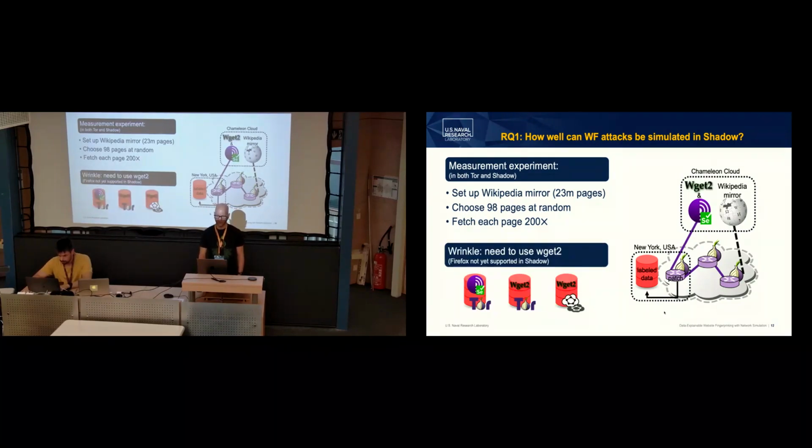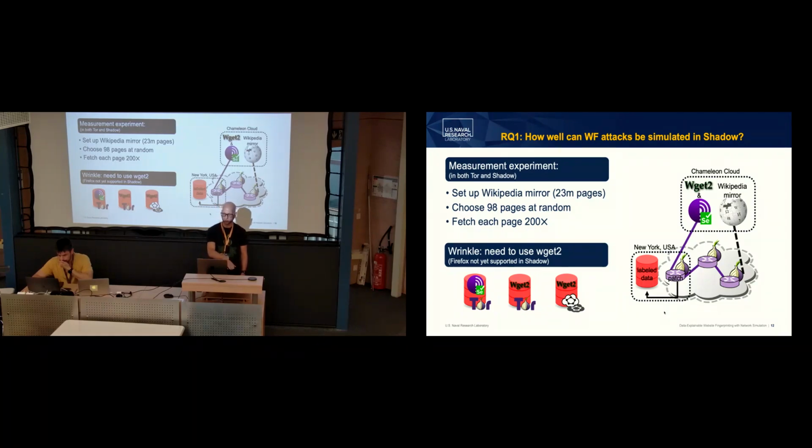One wrinkle is that Firefox is not yet supported in Shadow. Hopefully that will be coming soon. So in the Shadow experiments, we need to use wget2 as a replacement for Tor browser. And so we produced 3 data sets here. One where we use Tor browser on the Tor network, one where we use wget2 on the Tor network, and one where we use wget2 in Shadow.